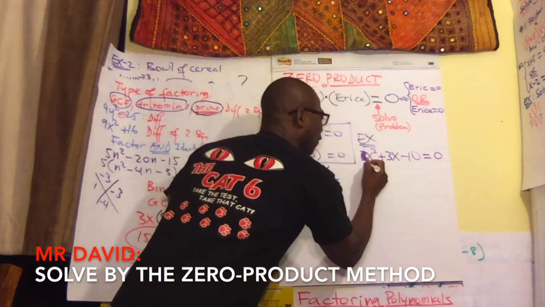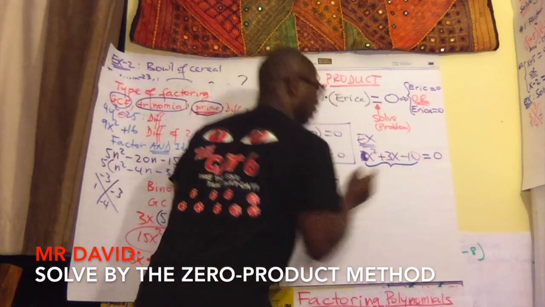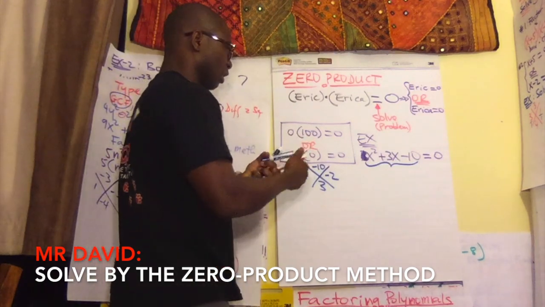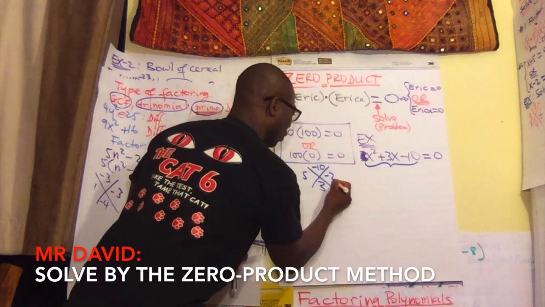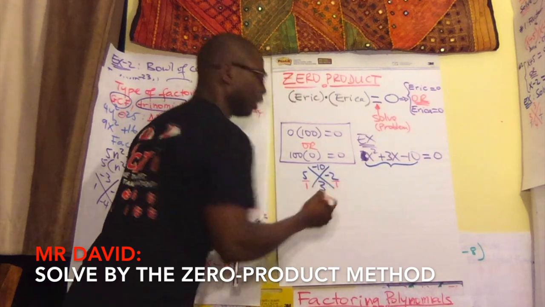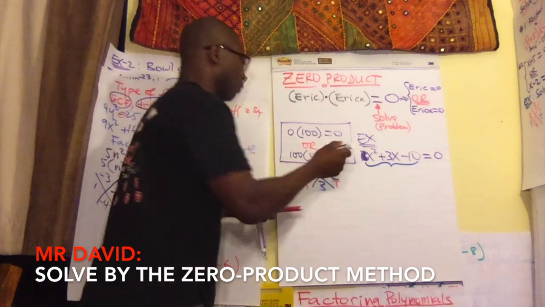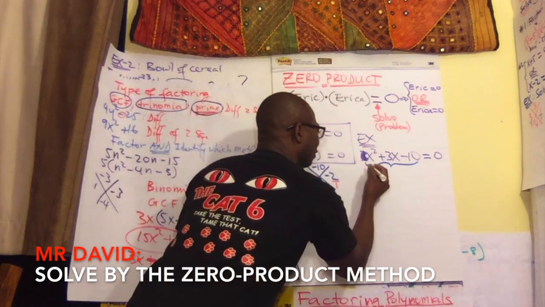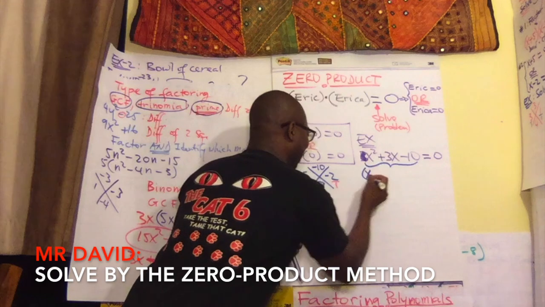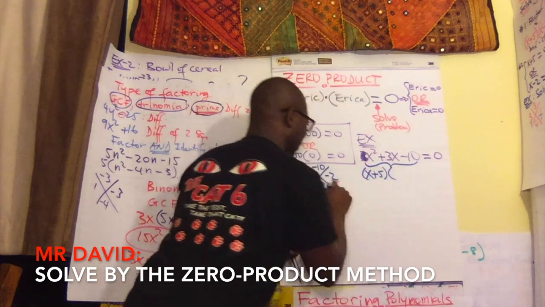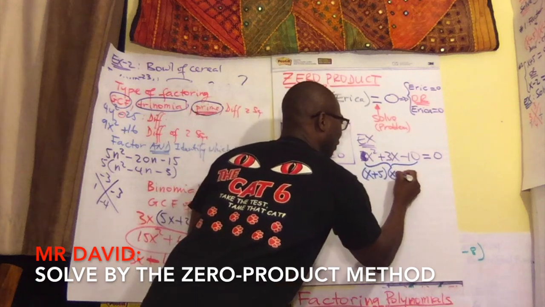So we factor this side first. If you got to remember, a is 1. But when we divide by 1, it's irrelevant. Okay? It makes no difference. So I'm going to rewrite my stuff because I factored it. x plus 5, x minus 2.